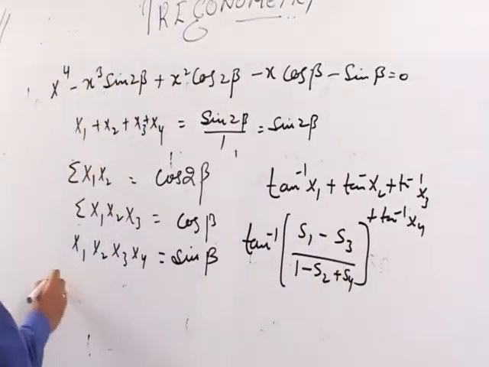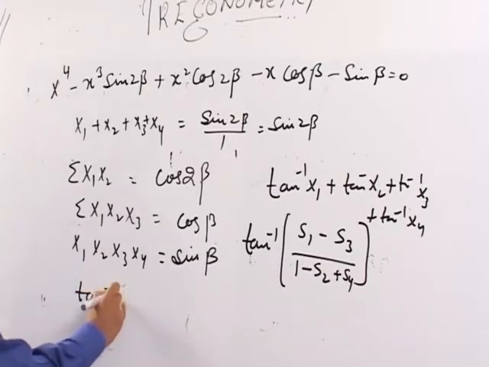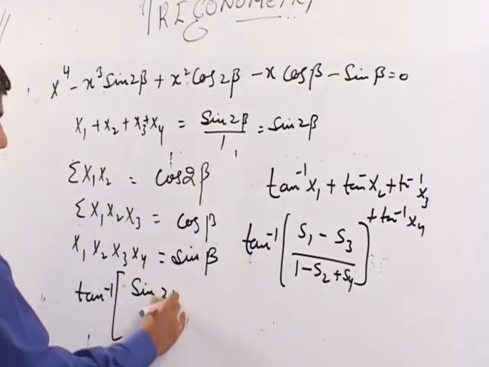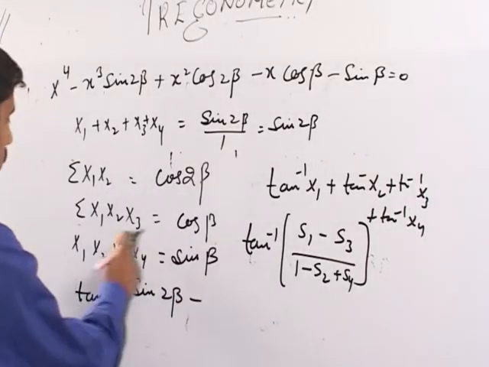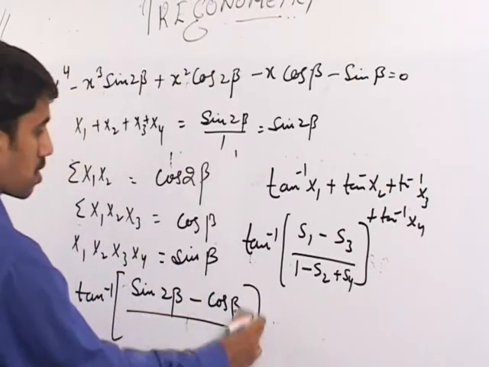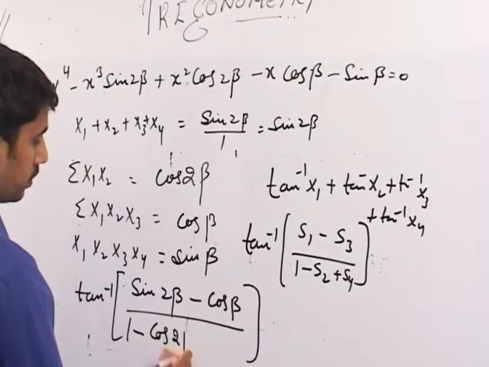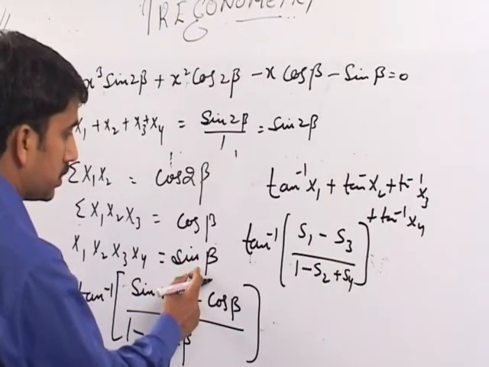So when you put the values here, you will get tan inverse of (s1, which is sin 2 beta, minus s3, the sum taken 3 at a time, cos beta) whole over (1 minus s2, which is cos 2 beta, and then plus s4, which is sin beta).